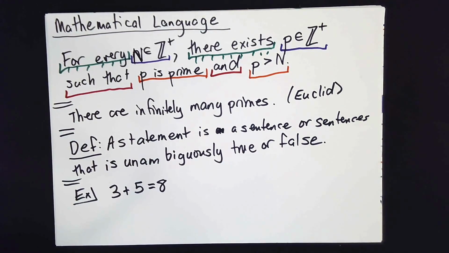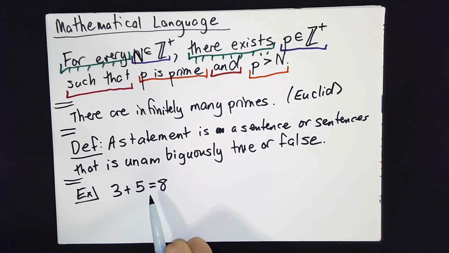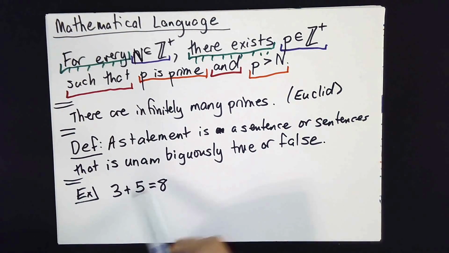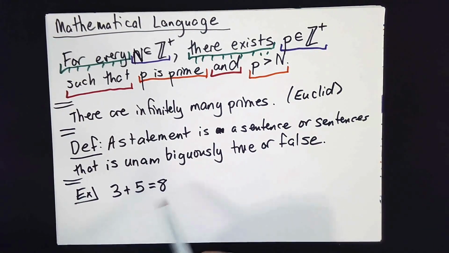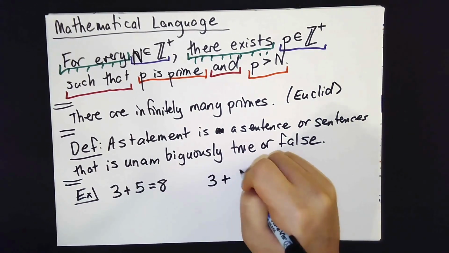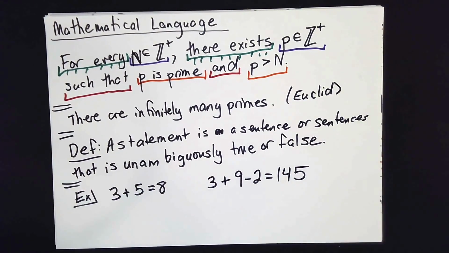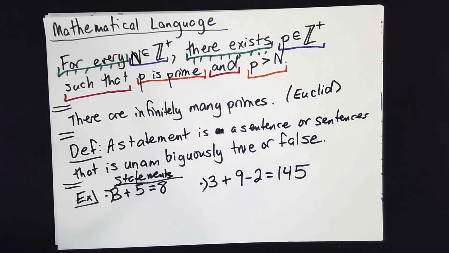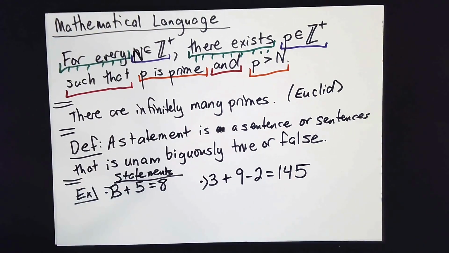Every equation is a sentence. The verb is equals. And so this is saying 3 plus 5 is 8. This is the subject, etc. So equations can certainly be statements. Both of these things, so far, are statements. This one happens to be true, this one happens to be false.